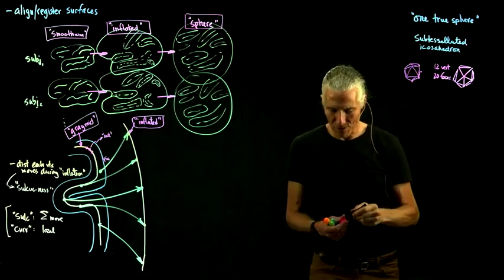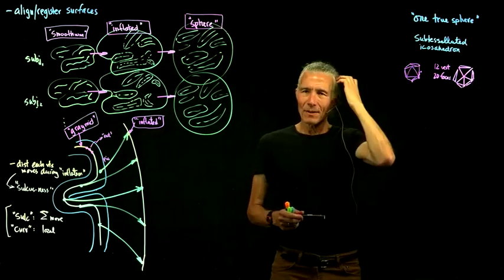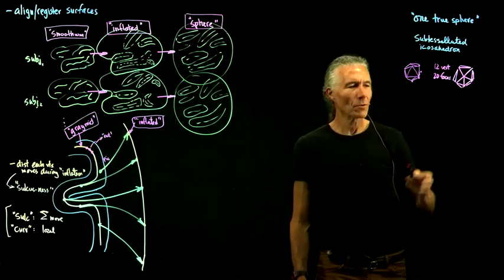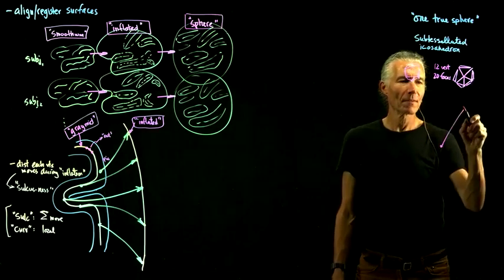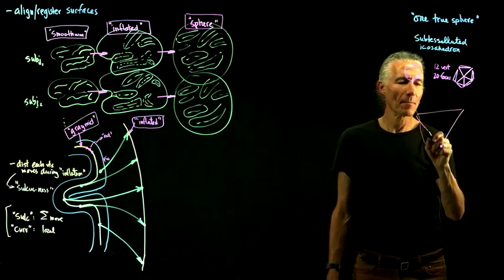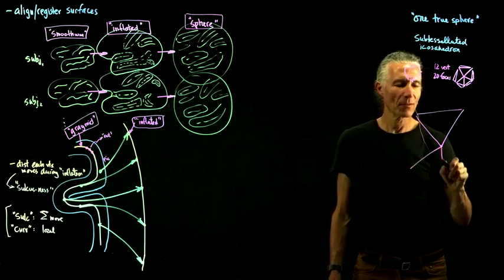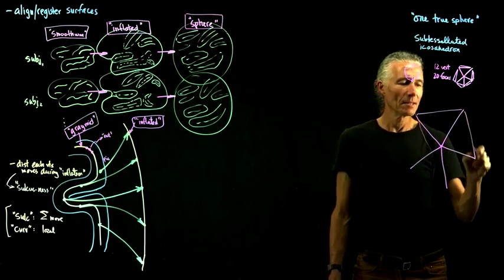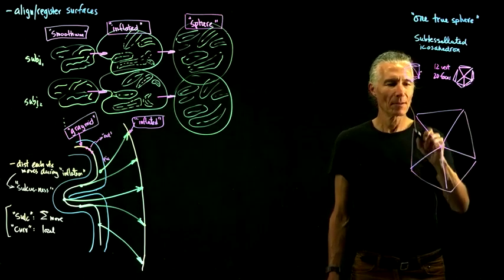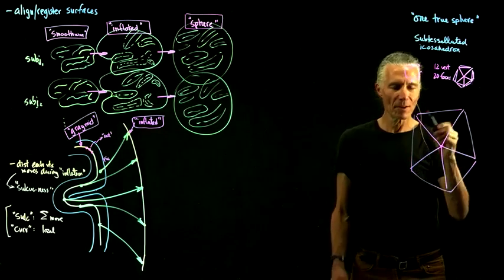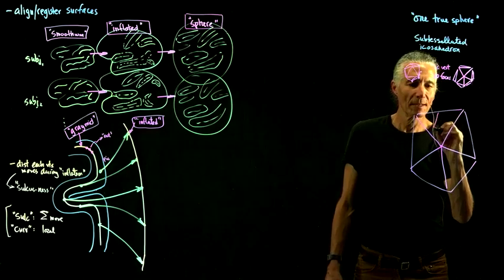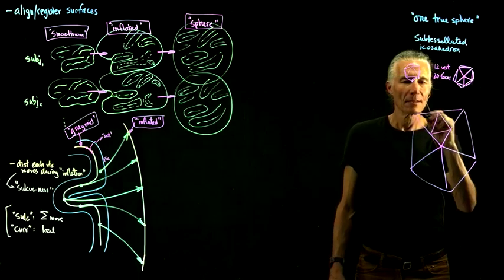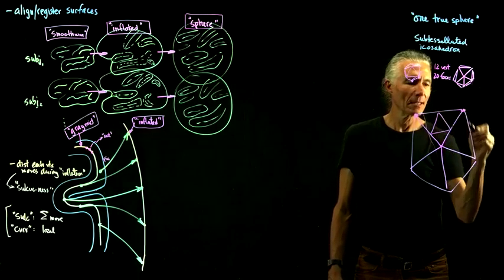But that's not a very good estimate of a sphere. So what you do is, let's just blow up one of those 5-fold symmetry parts. You can take each triangular face, and here are the vertices that actually touch the sphere.